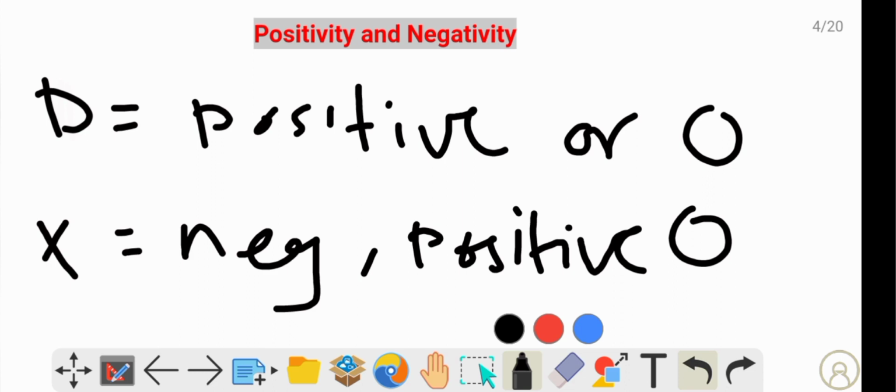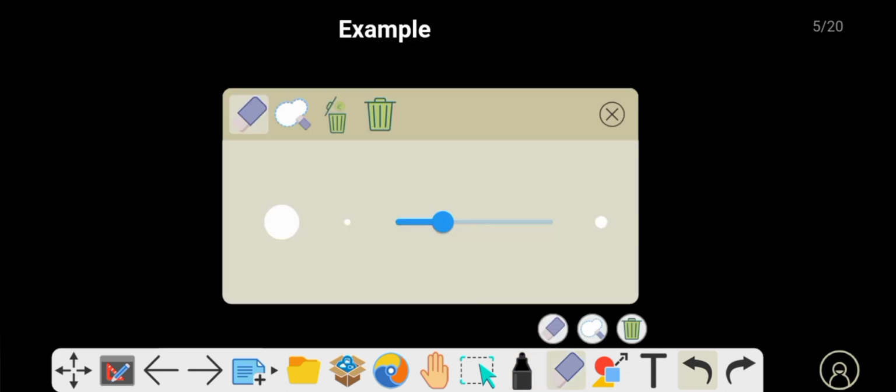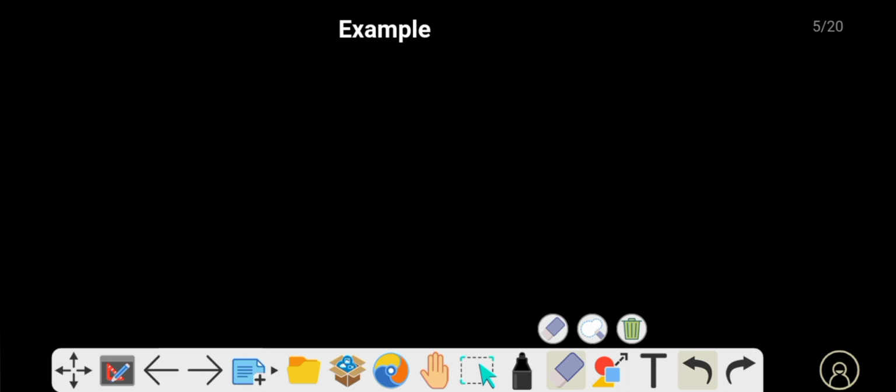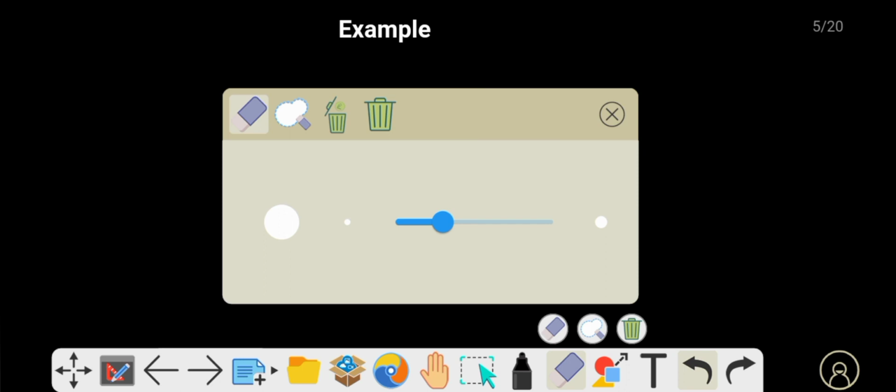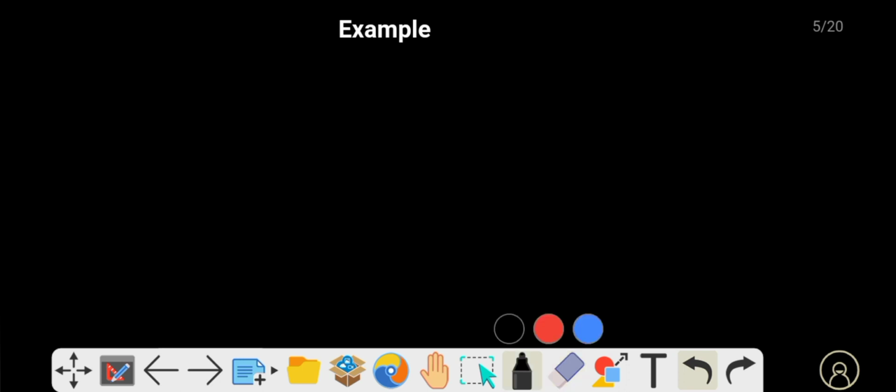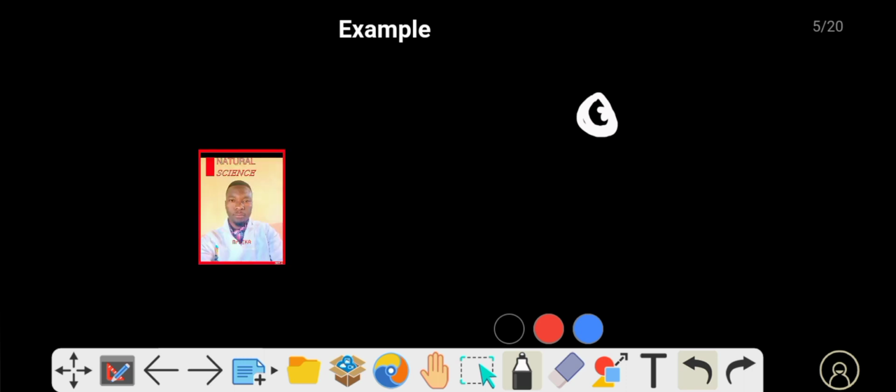All right. So let's proceed with an example here. I want to give this practical example. Let's assume this circle here represents my destination, and the point that I'm currently aimed is this point.